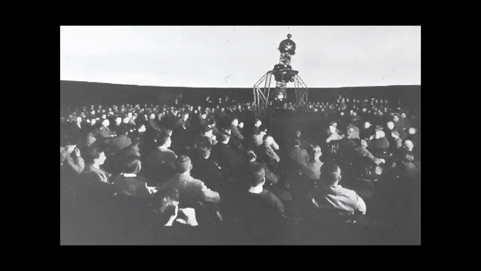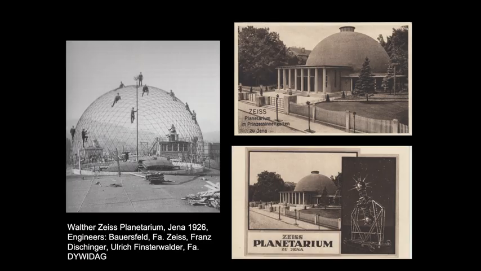So if you take a look at one of the sketches the engineers made, you can see that they divided the sphere into hexagons and pentagons. The idea is to project not only the sky, but to project the surface of the Earth into a dome.